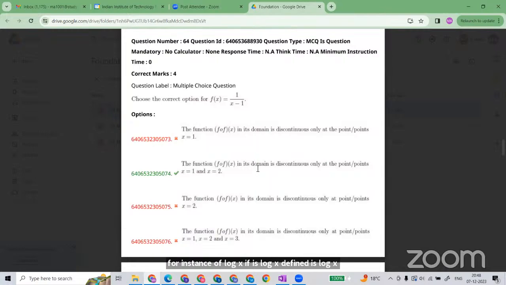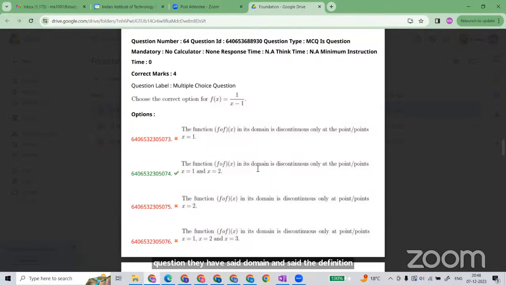Like that, in this function as well, in the domain real numbers minus {1, 2}, it is continuous, sir. But if it was not specifically stated, like is the function continuous in its domain, then we could have said at x equal to 1 and 2 it is not continuous, because it is not defined at those points. But in this question they have said domain, and sir, the definition of domain is the values for which the function is defined, right, sir?